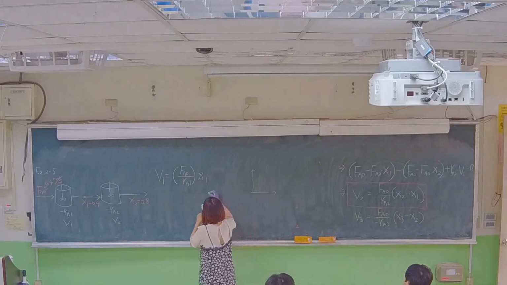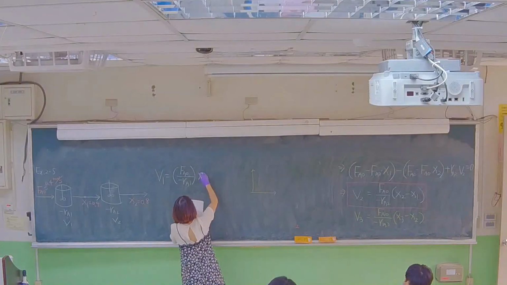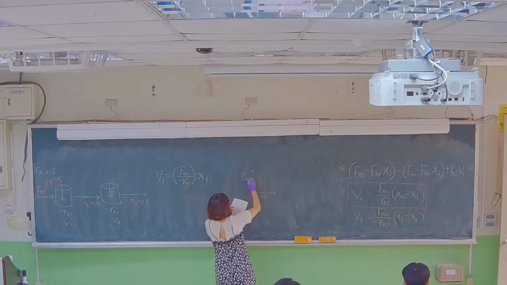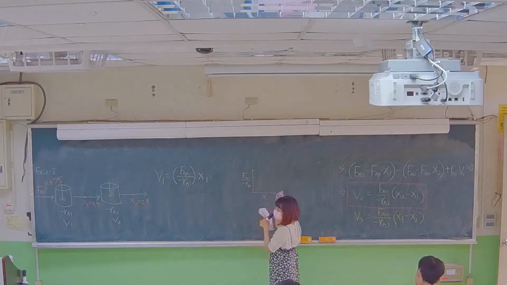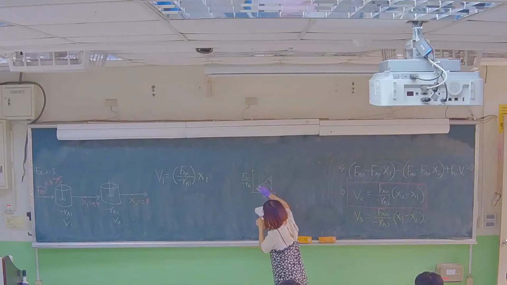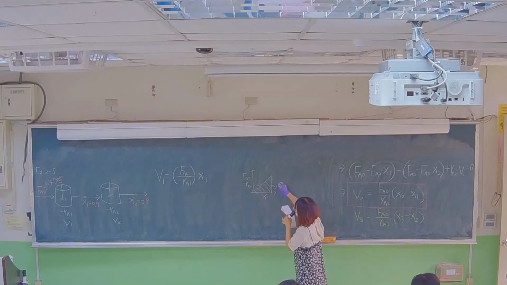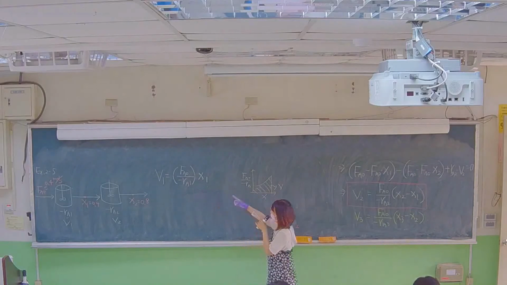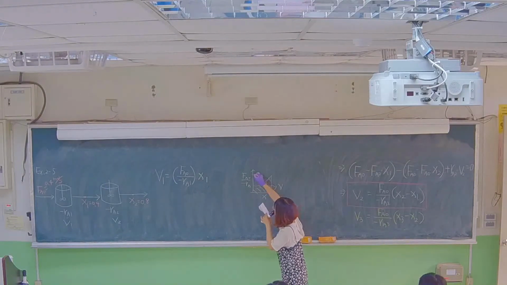If you remember, we have drawn the same figure many times, right? Conversion versus this one. And we shade the area for volume. You can compare this one and this one, or maybe this shape is easier to understand.